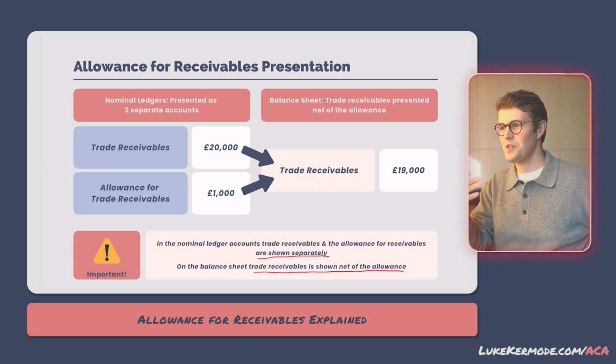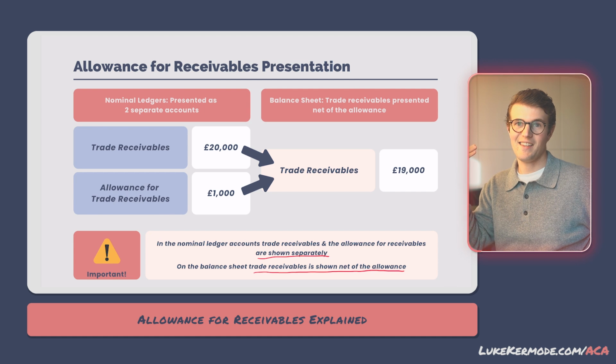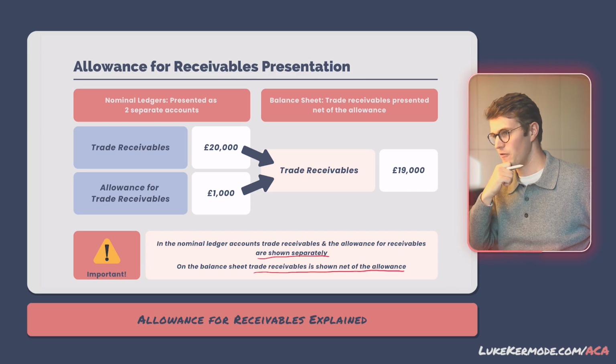Is the exam question asking you to calculate the trade receivables balance in the accounts, which is presented gross of the allowance, or is it asking you to calculate the trade receivables figure as presented on the financial statements, which is net of the allowance for receivables?